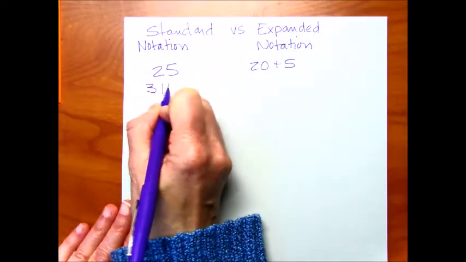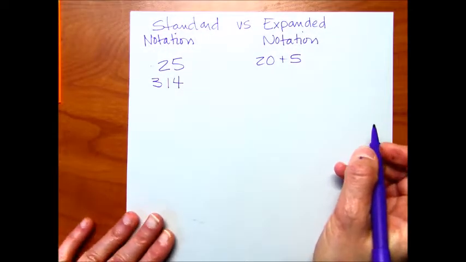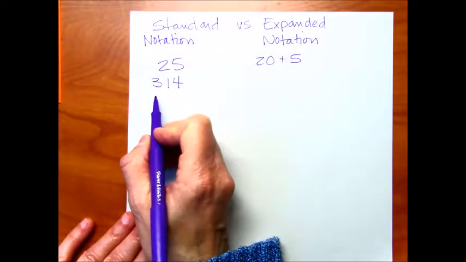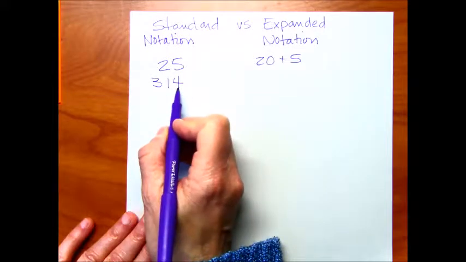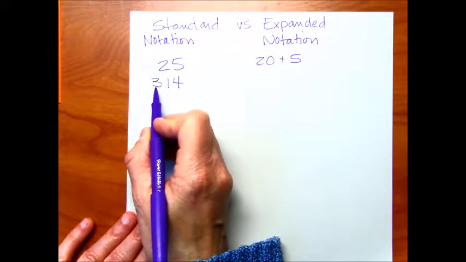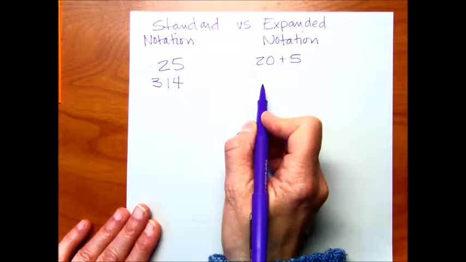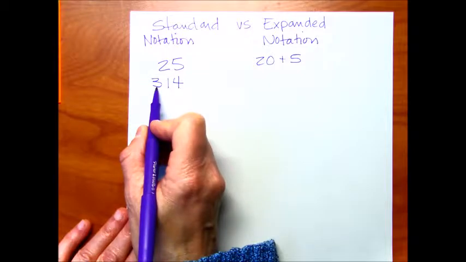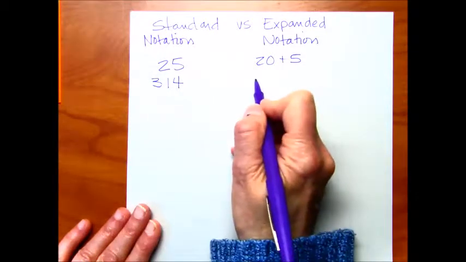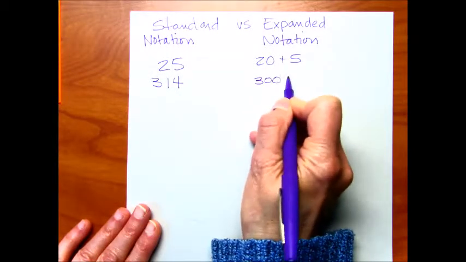Here we have 314. This one is a 3-digit number, so we've got the ones place, the tens place, and the hundreds place. If we think of it in terms of place value, we can easily write it in expanded form. Here we have 3 hundreds, and we could just write it as 300.